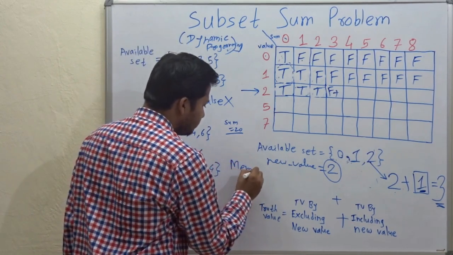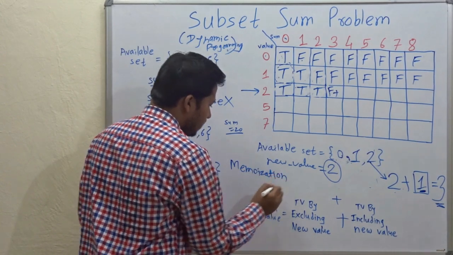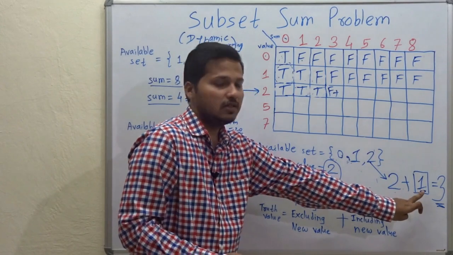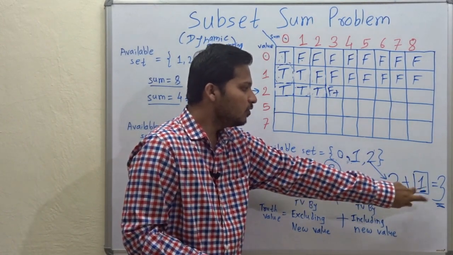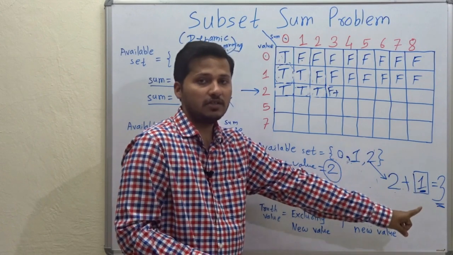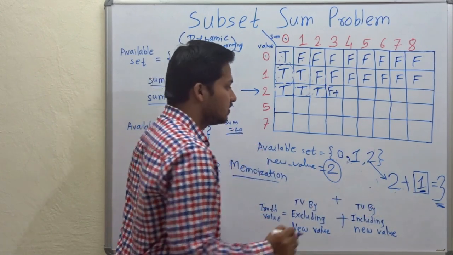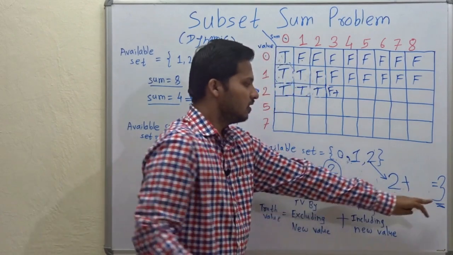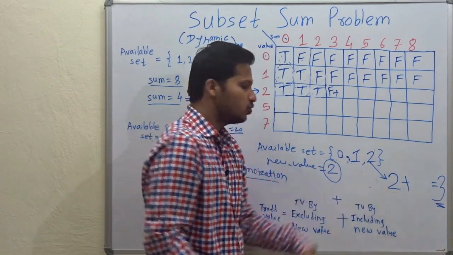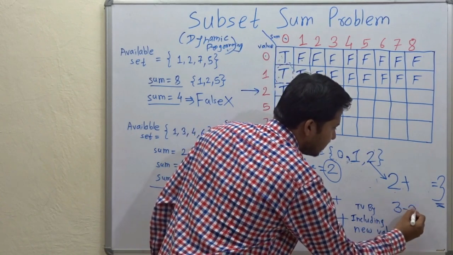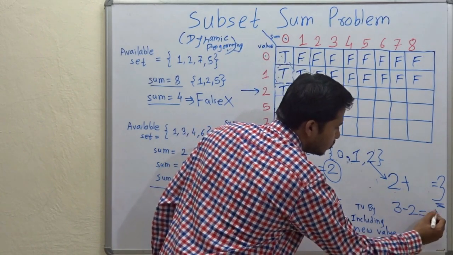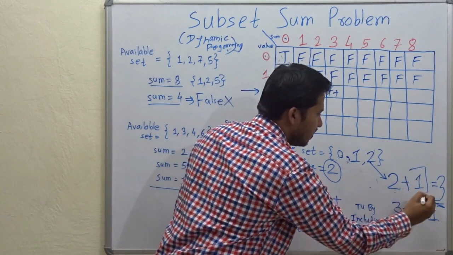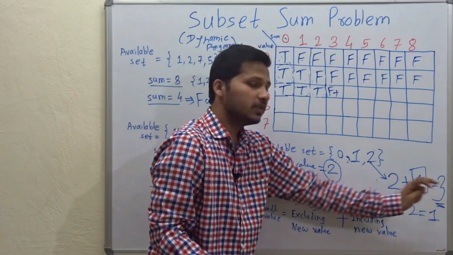Memoization means you have remembered whether the remaining value can be formed or not. As the total is 3 and the new value is 2, the remaining addition is 3 minus 2, that is 1. So this 1 should be here to make a total of 3.